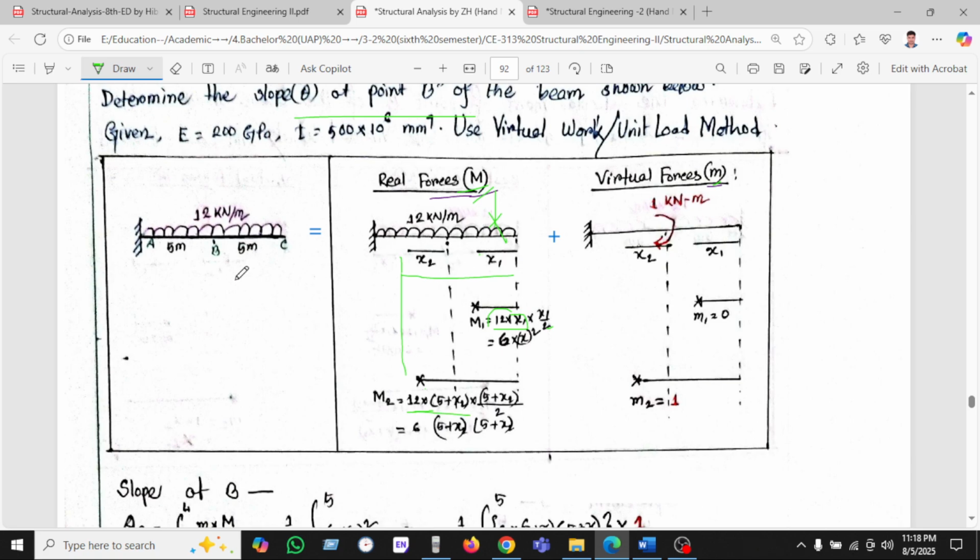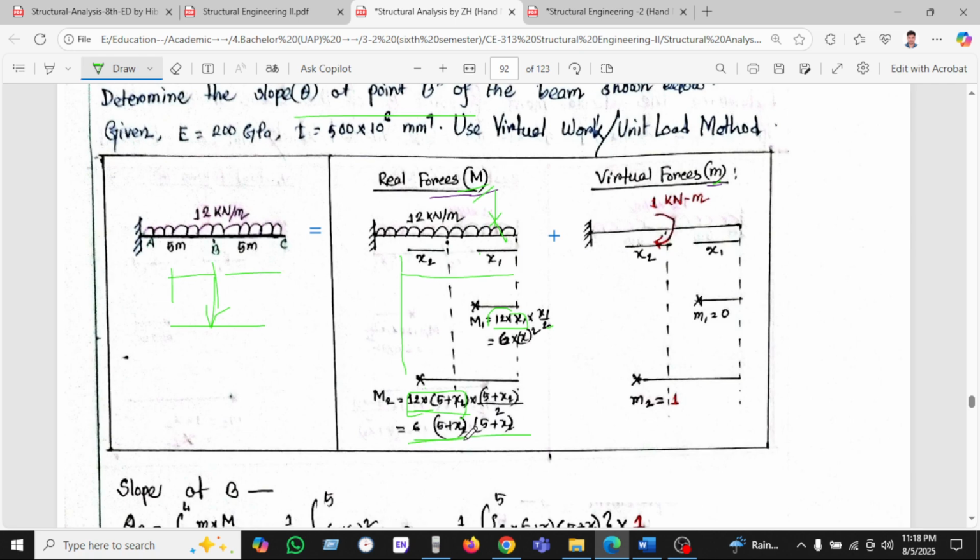So this is the 5, and this is the x2. So the load is 12 into 5 into x2, and the distance will be 5 plus 2. This is the 5, and x2 will be acting on the middle portion. That's why it will be 5 plus 2 divided by 2. And in this case we are finding this equation.